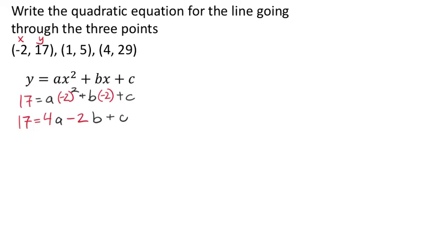But I've got to do it with all 3 ordered pairs. So we get the pleasure of doing this all over again, but with the new ordered pair. Let's do the (1, 5). I'll do this one in purple because it's just my next color. Again, it's the same idea. The y value here is 5. The corresponding x values are just 1s, and that's nice because 1s are pretty easy to work with.